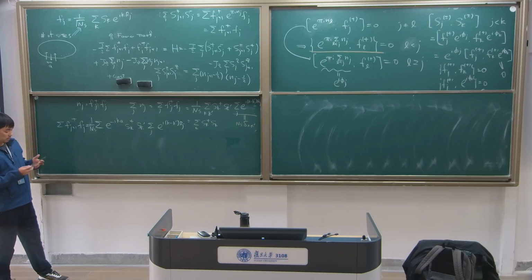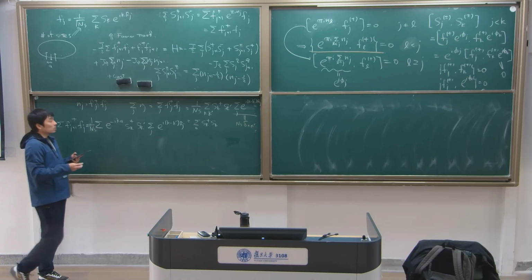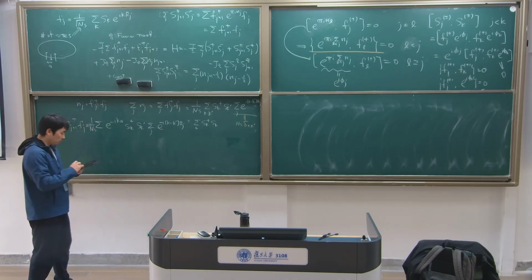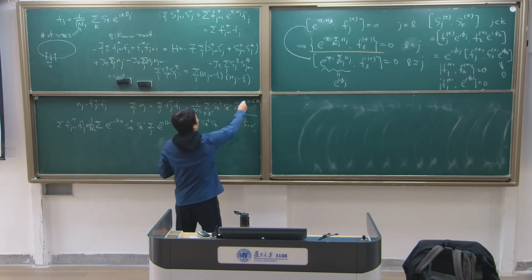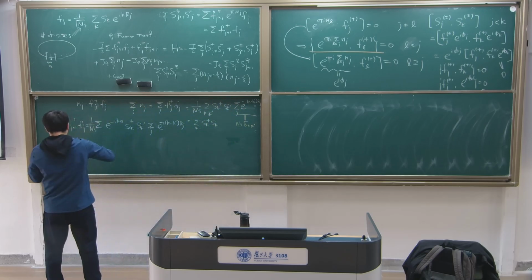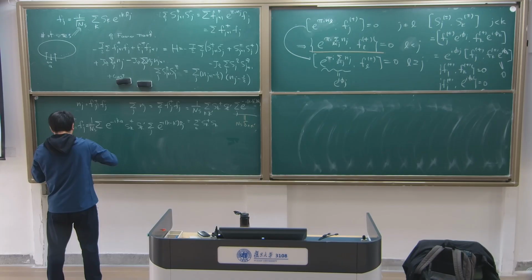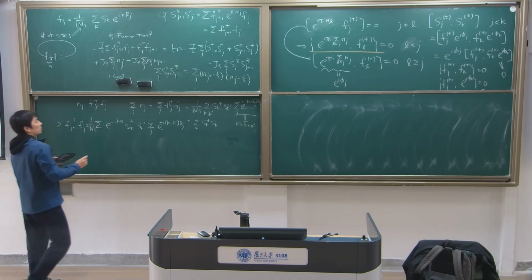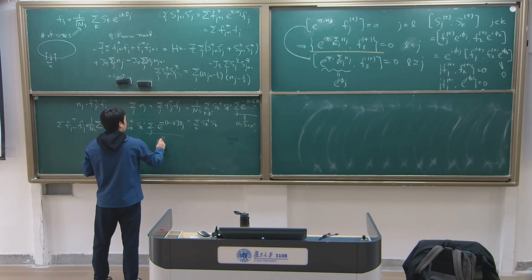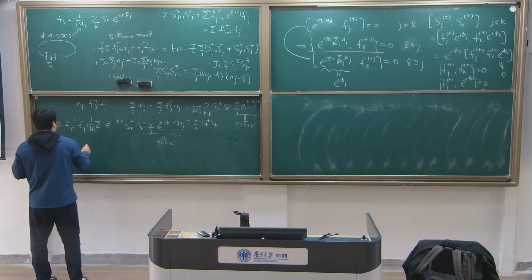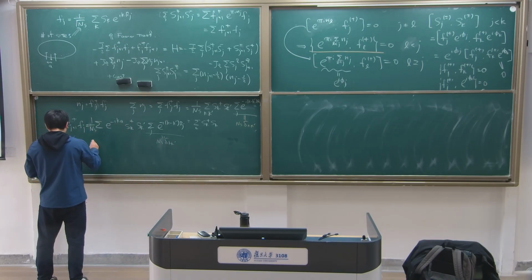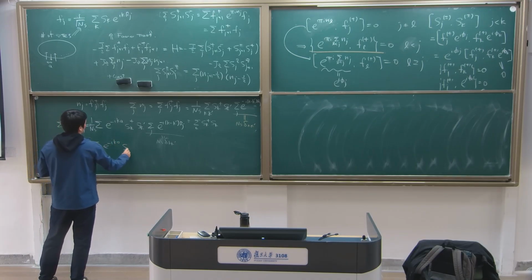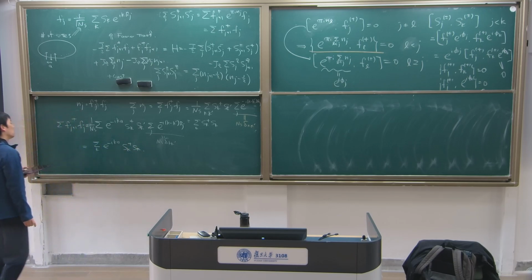Oh, sorry, maybe minus. I'm not careful about the sign. Yeah, actually it's a minus. And this one is again equal to Ns delta k k prime. So this means that this is equal to e to the minus i k a, like this way.